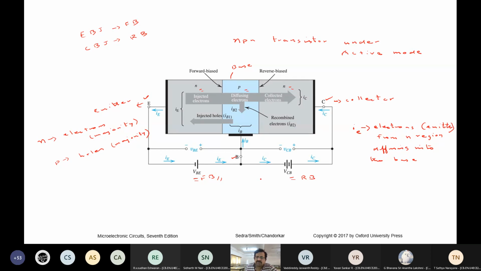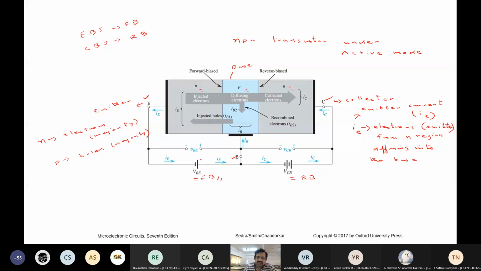Now, is there an additional component here? Because this is forward bias, the P region has majority holes, so the holes will also readily move from the base into the emitter. IE is the emitter current, and it is made up of two components.